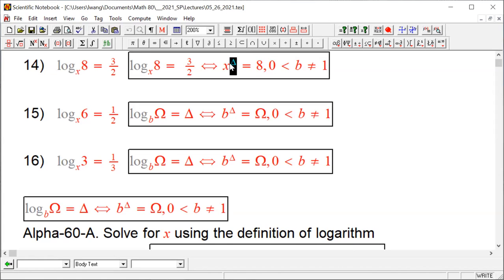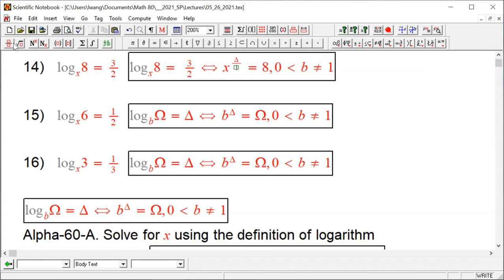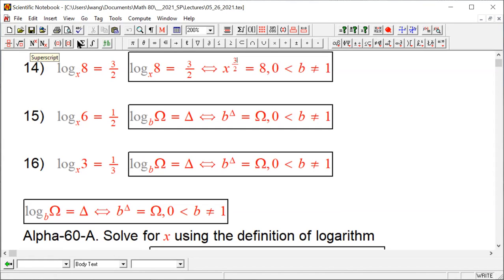And triangle is 2 under 3. Right? So it's x raised to the power. So from this step, it tells us x is powered by 3/2 equals to 8. So that's what we got.